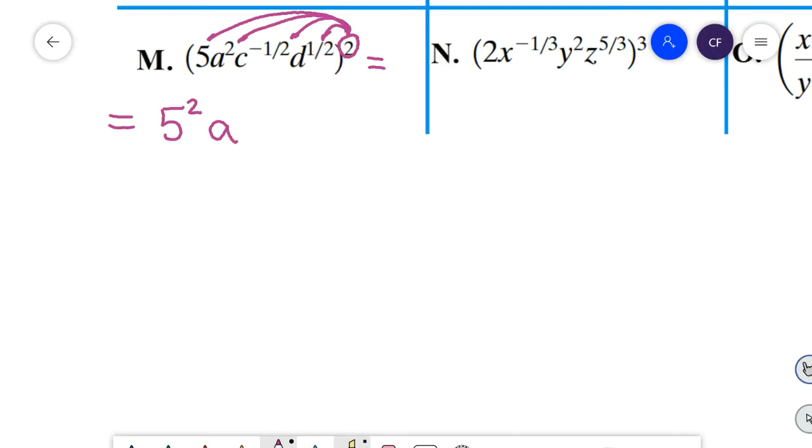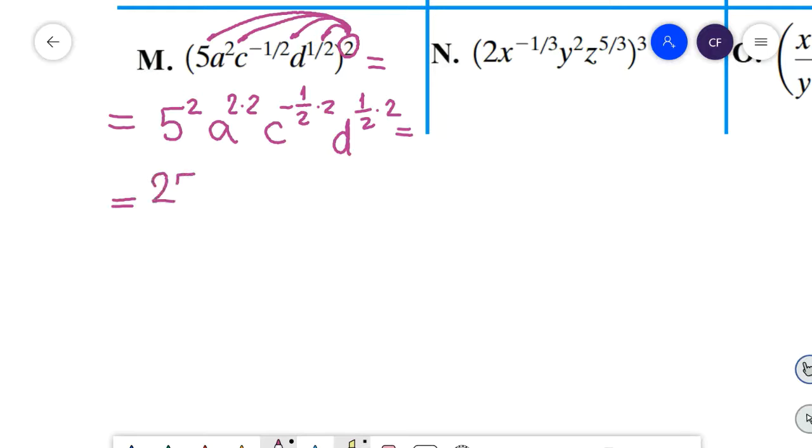Now A, 2 times 2. C, negative 1 over 2 times 2. And D, 1 over 2 times 2. Okay? So you multiply each exponent from each factor to the one exponent that's outside the parentheses.